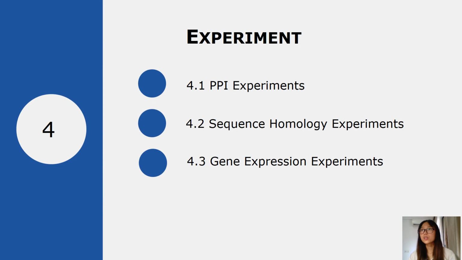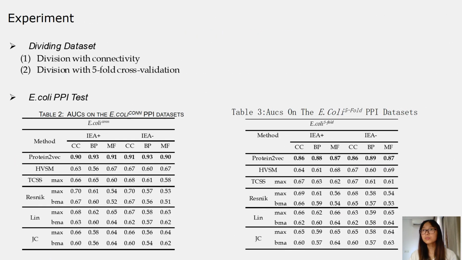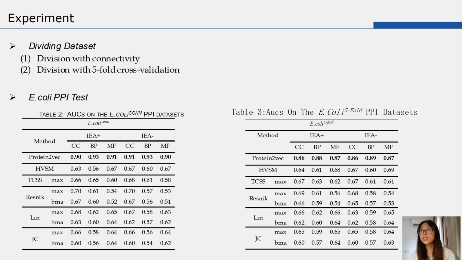Next, I introduce the experiment from these 3 parts. We divide the dataset in 2 ways, division with connectivity and division with five-fold cross-validation. We use both to evaluate the ability of protein2vec and other approaches. The experimental results are shown in Table 2 and Table 3.